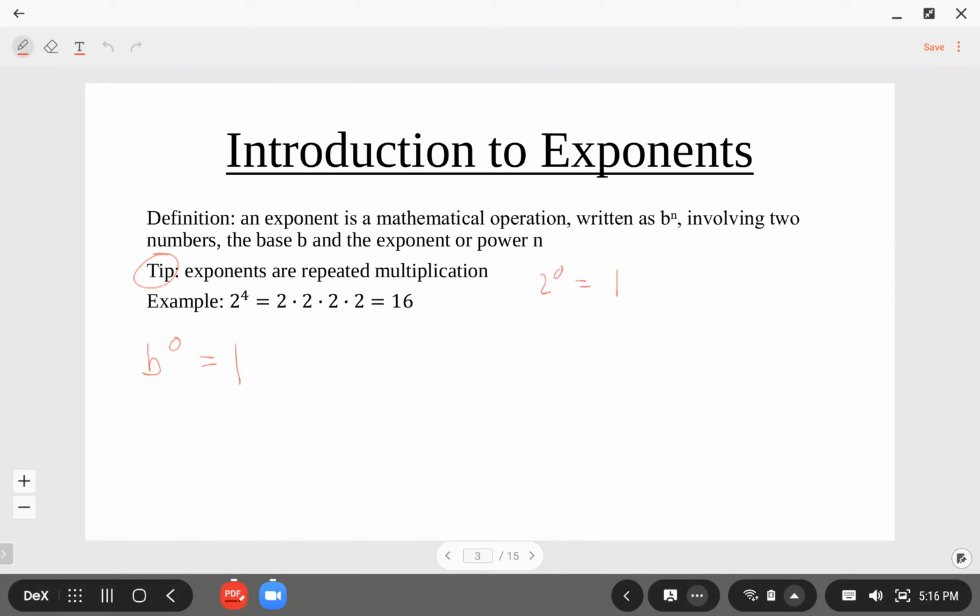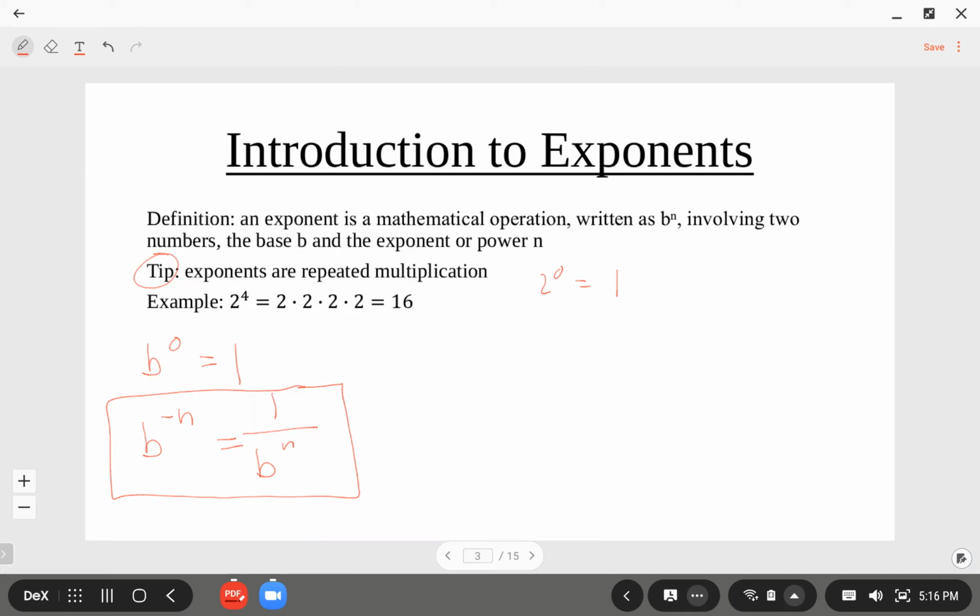So basically b to the negative n is going to be equal to 1 over b to the positive n. Okay, so this formula you need to memorize or take notes on. Very important. Actually, both of these formulas: b to the 0th equals 1, you can probably remember that, but b to the negative n equals 1 over b to the n.